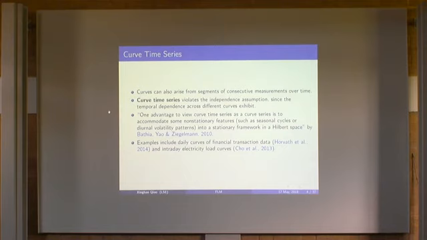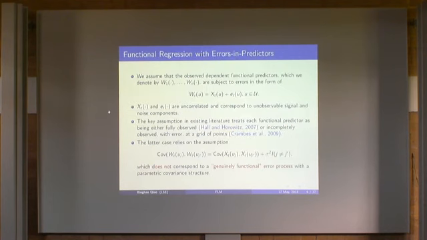Examples include a lot of curve time series data, like the daily curves of financial transaction data or the intraday electricity load curves. How to use the functional linear regression model on curve time series data is one problem we are trying to investigate.